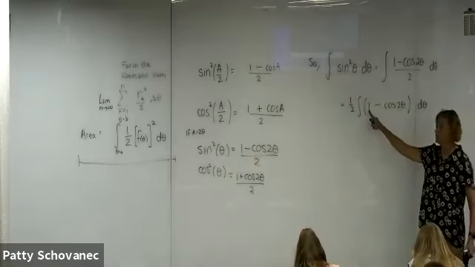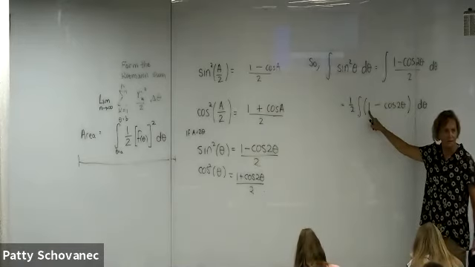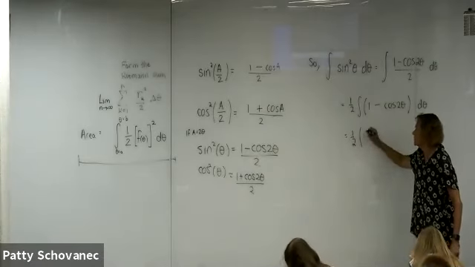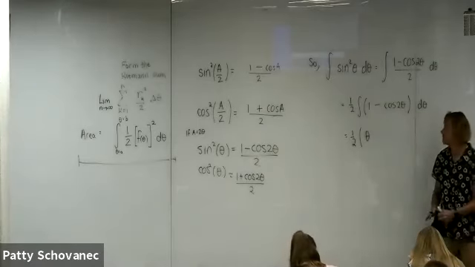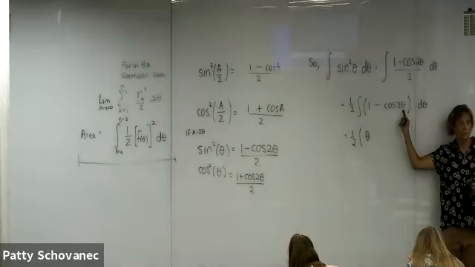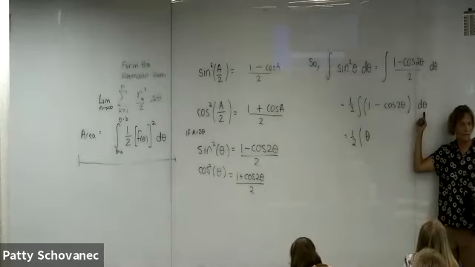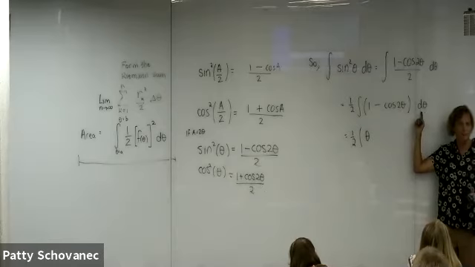We'll do this part. Integral of 1 with respect to theta is theta. Okay, this is a double angle. So if u here is 2 theta, then du is 2 times d theta, or d theta is 1/2 of du.